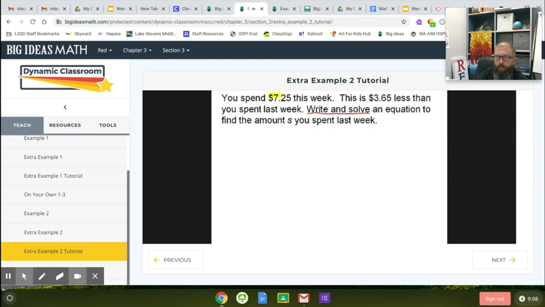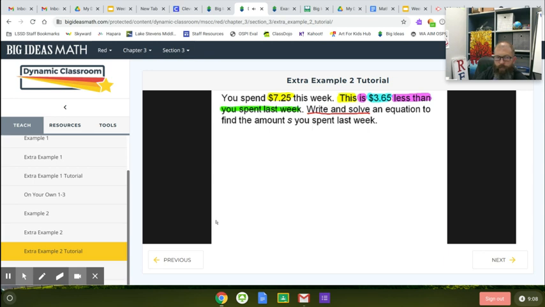It says the amount we spent this week is $7.25. This, meaning that $7.25, is $3.65 less than you spent last week, or the amount you spent last week.